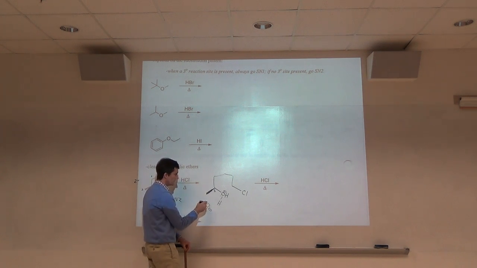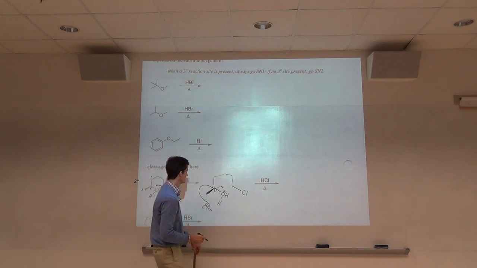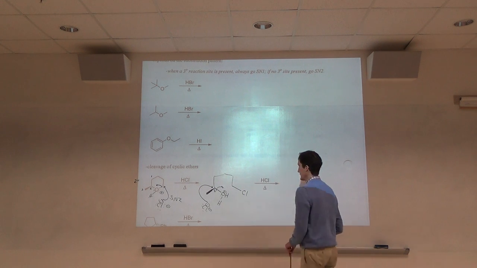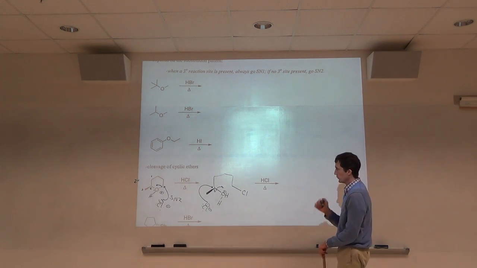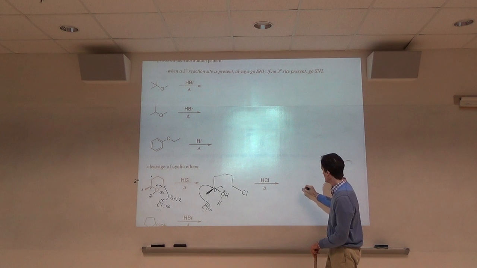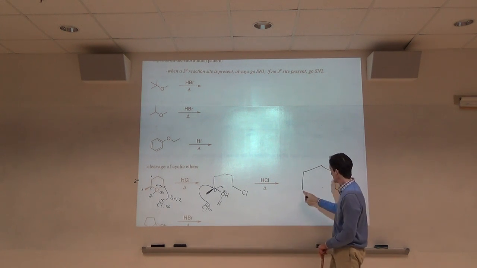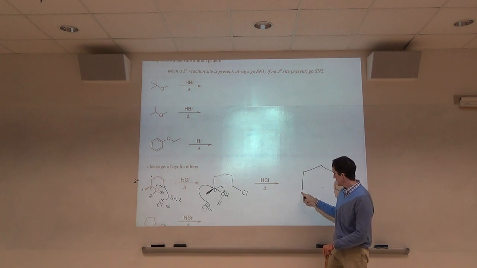Do an SN2. What do we get? Here, kick off the leaving group. And we're going to get what? This carbon has a methyl and a chlorine now.